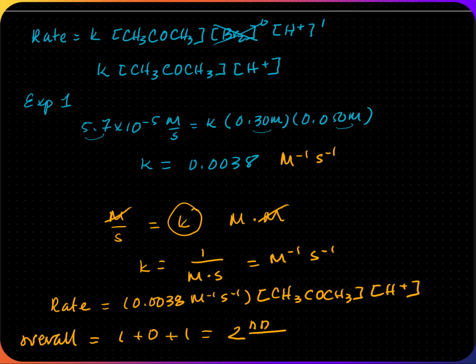Once you calculate all the orders, the overall order is the addition of all the individual orders. If it's a 0th order, do not include it in the rate equation. After solving for a generic rate equation, solve for your rate constant by choosing an experiment and plugging the values in. You must always solve the units for the rate constant because it will change depending on what the order numbers are.